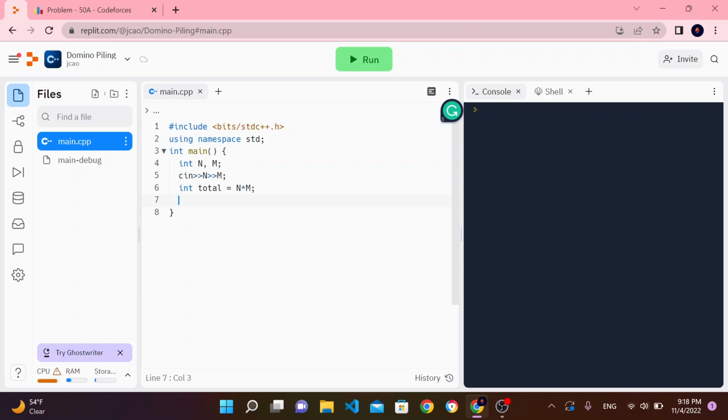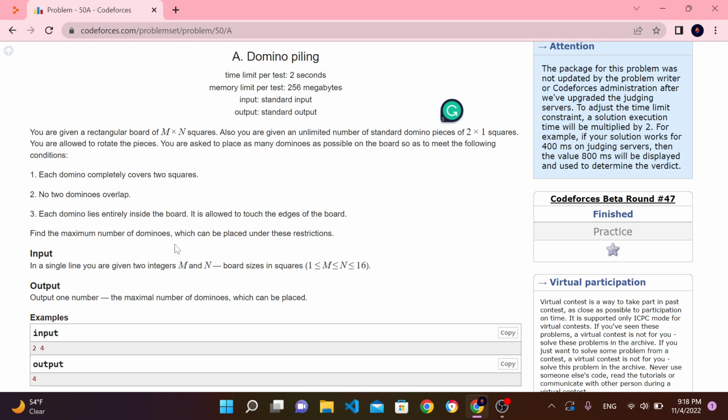I think that's how it works. Brain freeze. Yeah, total would be n times m, because that's the total area.